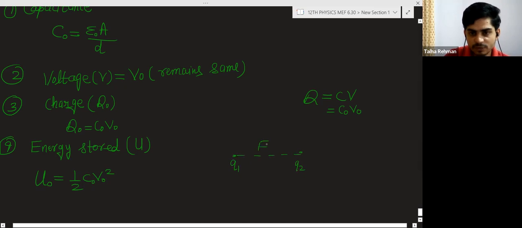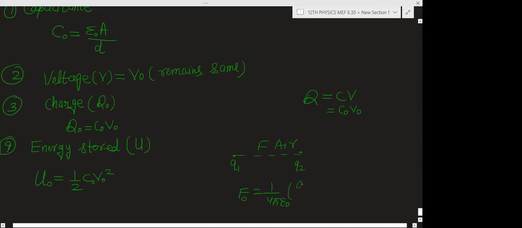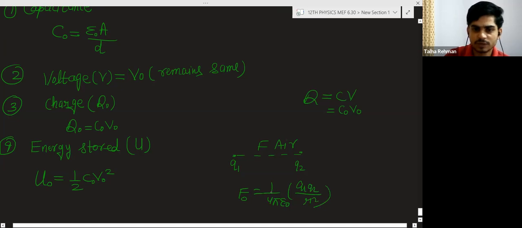If someone says calculate the force when there is air in between the charges, you use 1 upon 4 pi epsilon naught, Q1 Q2 upon r square. And for a medium, we use Fm equal to 1 upon 4 pi epsilon naught m.